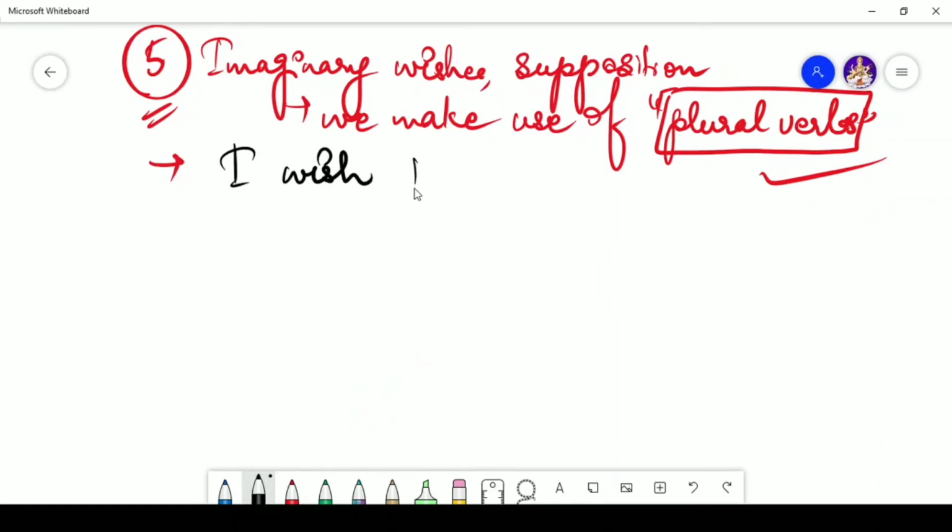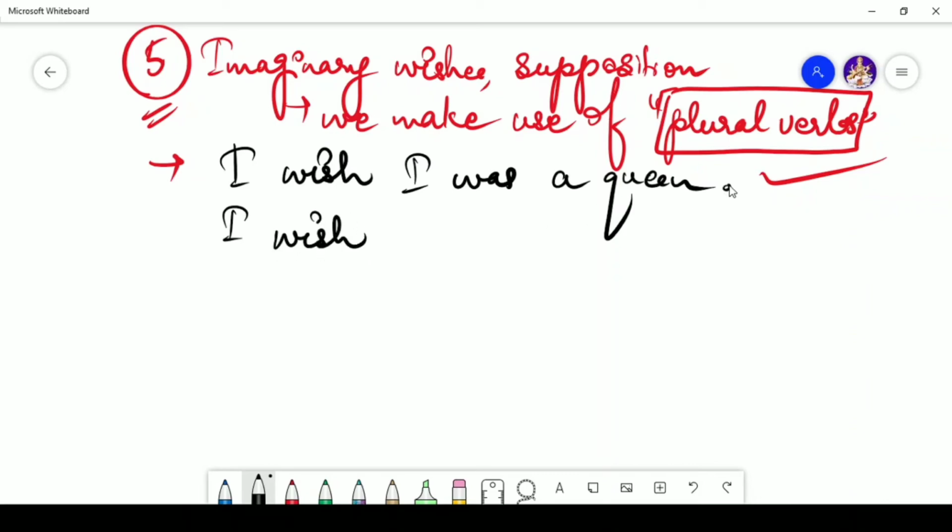I wish I was a queen, or I wish I were a queen. Both of the sentences mean the same thing. But if you see, these sentences express an imaginary wish or imaginary supposition, where I wish that I was a queen.